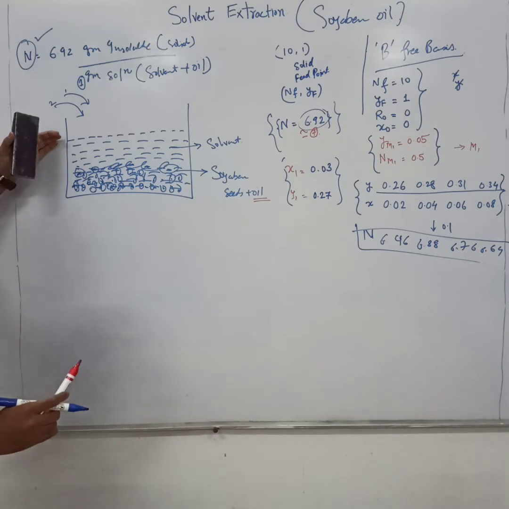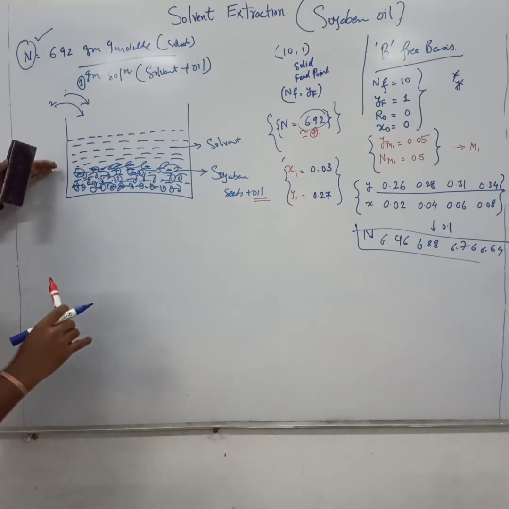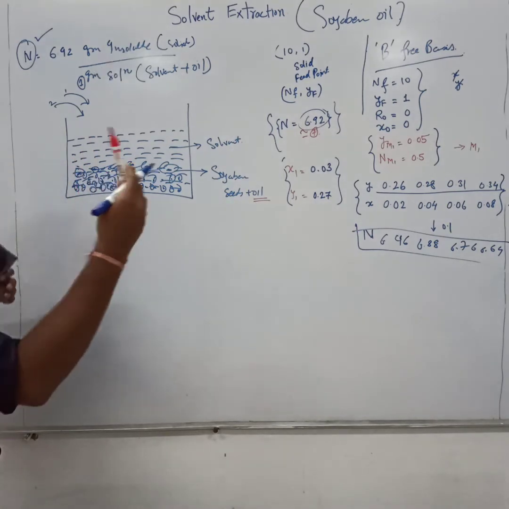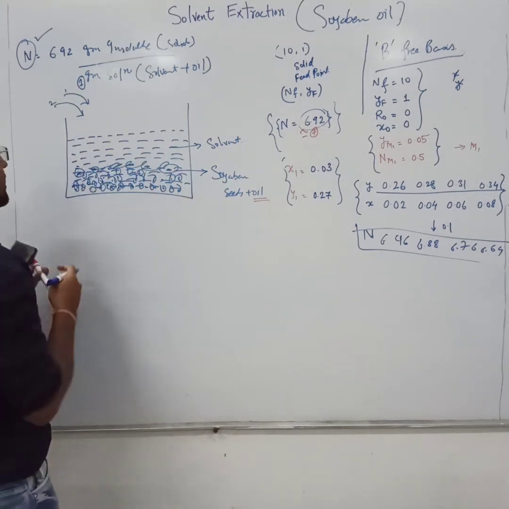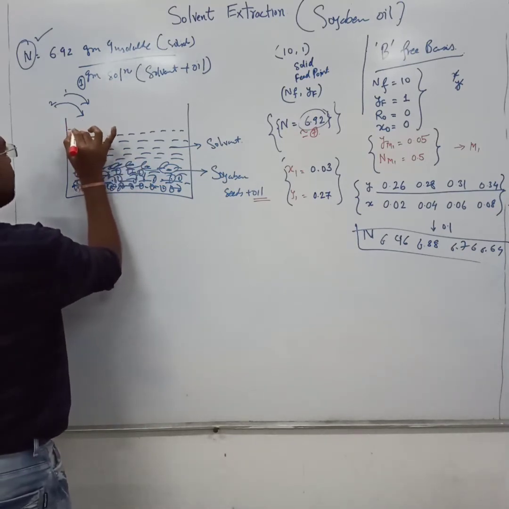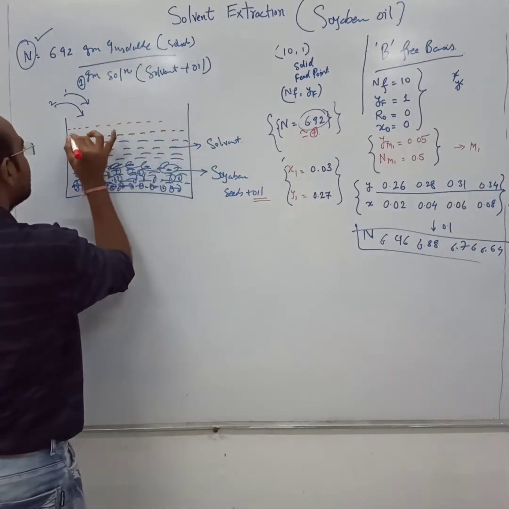After that, as time goes on, after half an hour, 1 hour, 1.5 hours, the leaching operation starts and it extracts the oil from your seeds, and it forms one new layer.